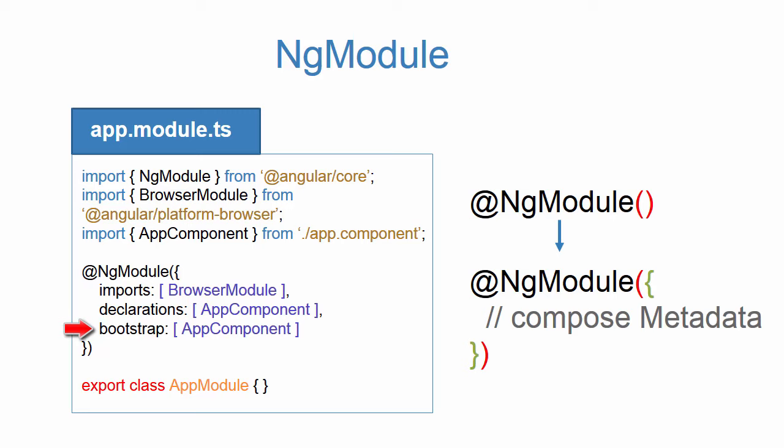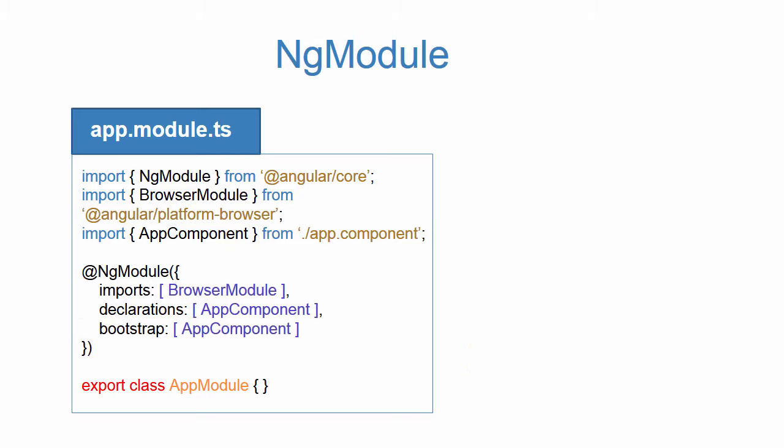And below that, we have the bootstrap key, which tells our application what our root component is when first initializing our application. All of this decorator metadata is then passed into our class called AppModule, which can then be exported and used inside of other files.